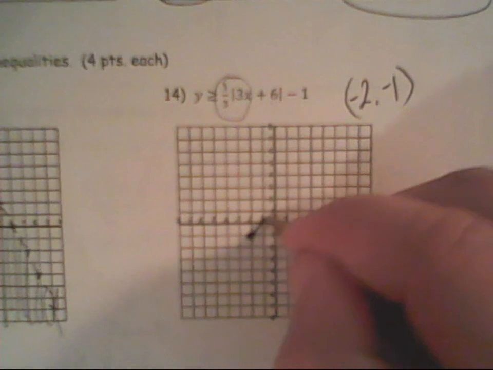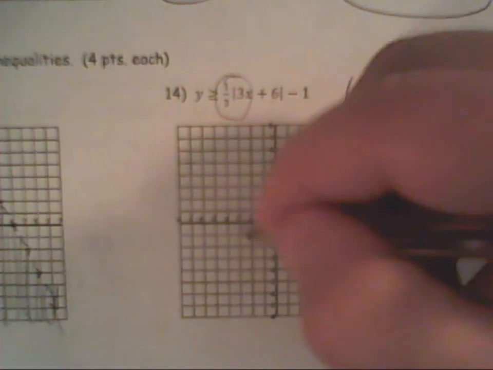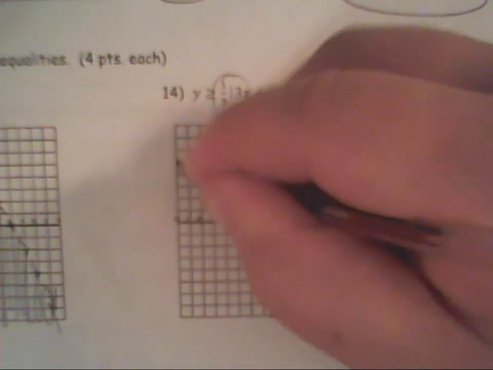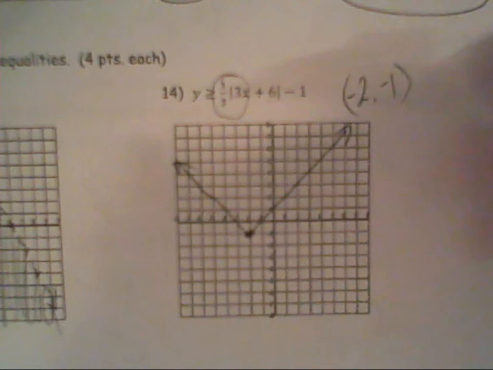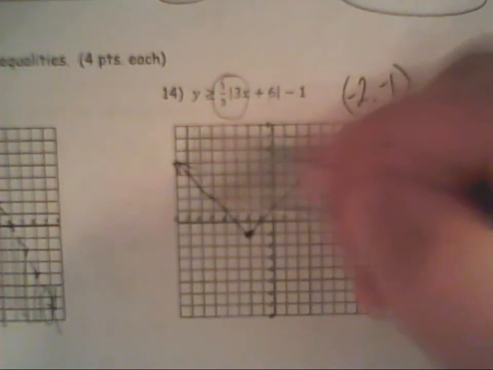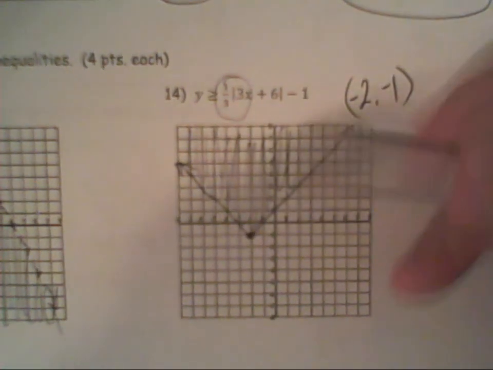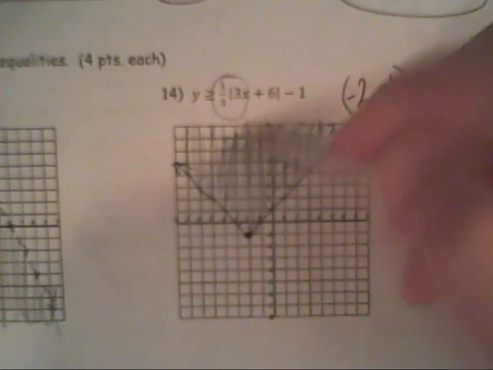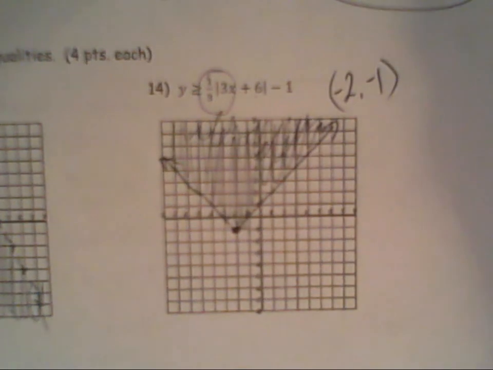So it's going to have a slope of positive 1 and a slope of negative 1. It is a solid V because it's greater than or equal to that. And I'm going to shade everything above it because I want all the values of y that are greater than that. So this equation looks like that when we graph it.